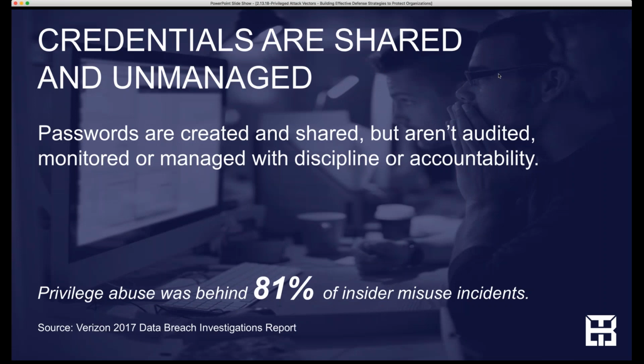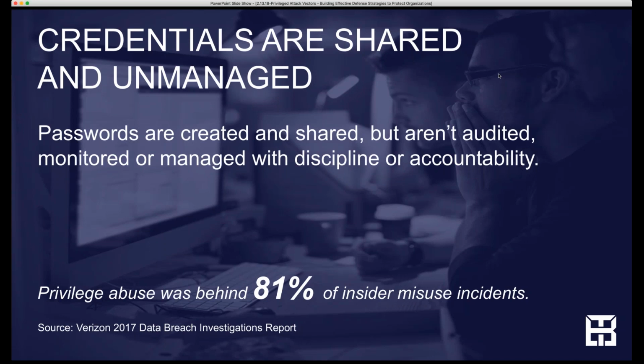The second use case that we see across the board for privileged attack vectors is credentials are shared and unmanaged. Guys, password reuse, passwords on Post-its, too many people or more than one person knowing a domain admin name and password, the same password on a router or switch, the same password on a printer, the same credentials used on an IoT camera.